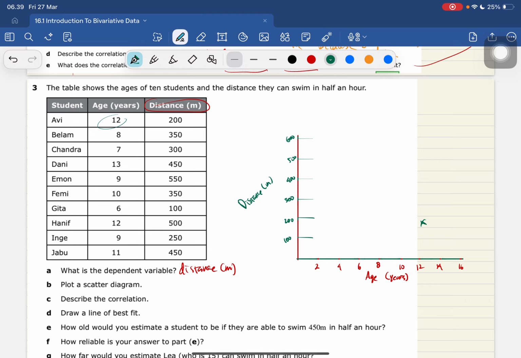Next, when the age of 8 is 350. So 350, let's plot it. Okay, next, when 7, the age, let's make it draw the straight line.